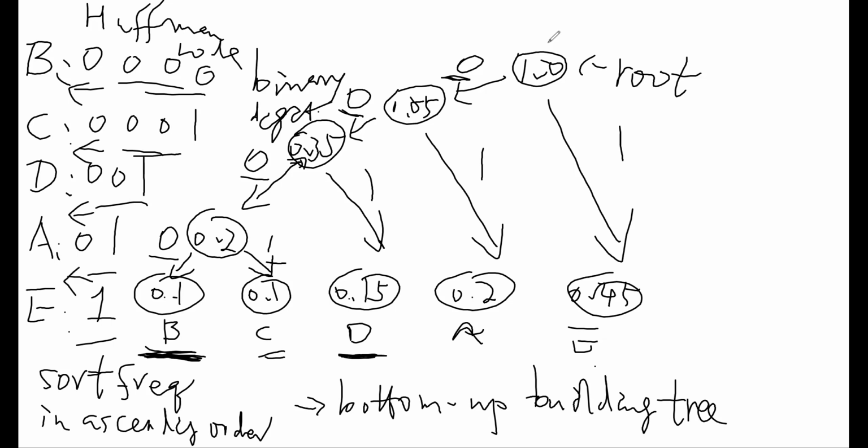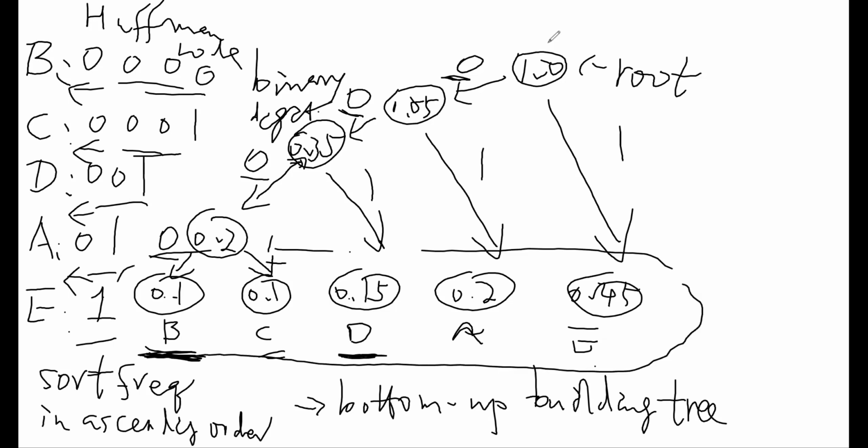But of course, this is not general. It's just regarding this special document. With the letters' appearance frequency recorded like this, you can build the corresponding Huffman tree, and then you can encode all of the letters like this.